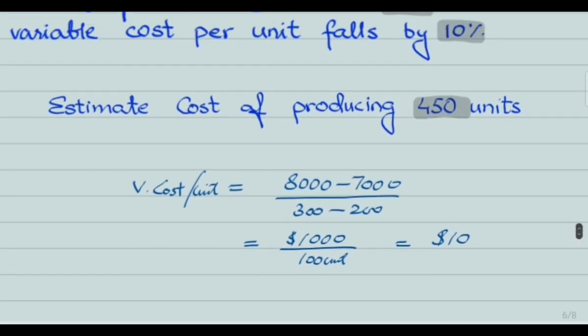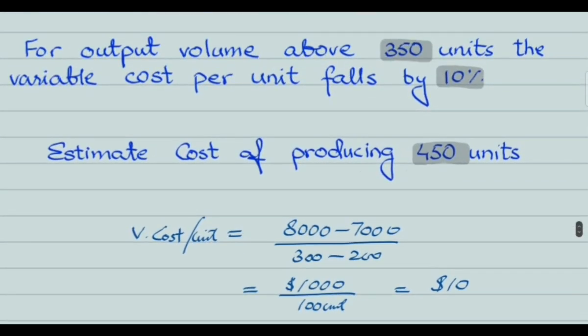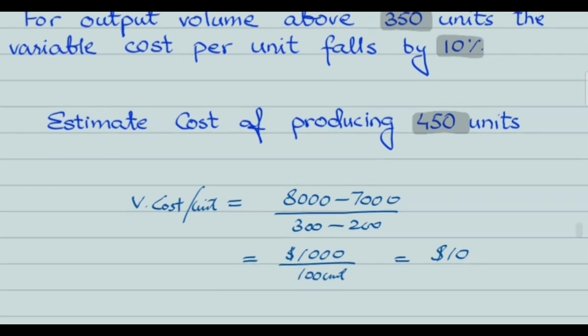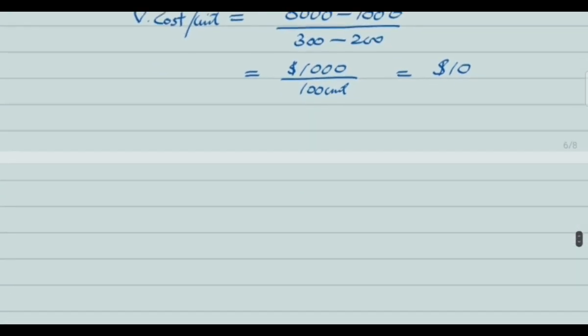As we need to consider the cost of producing 450 units, and this is the activity level where the variable cost has fallen by 10%, we need to reduce that variable cost by 10%. $10 is a variable cost per unit normally, and after the activity level of 350 units, the variable cost falls by 10%.